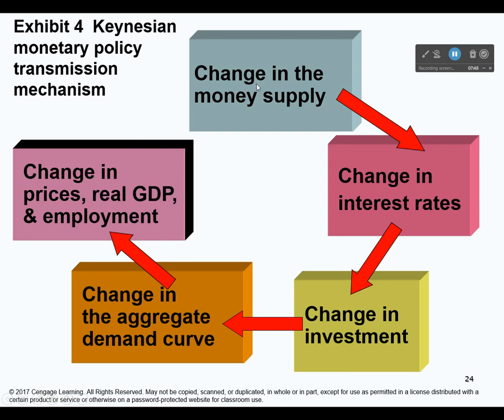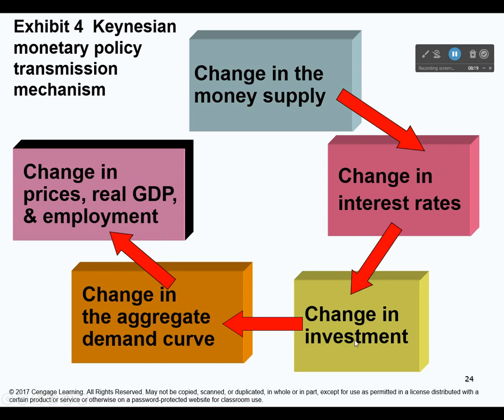Okay. Now, real quick, just to give you a quick primer here, the money supply is inversely related to interest rates. Interest rates are inversely related to investment. If interest rates go up, investment spending goes down. Here, ceteris paribus, investment spending is directly related to the aggregate demand curve.